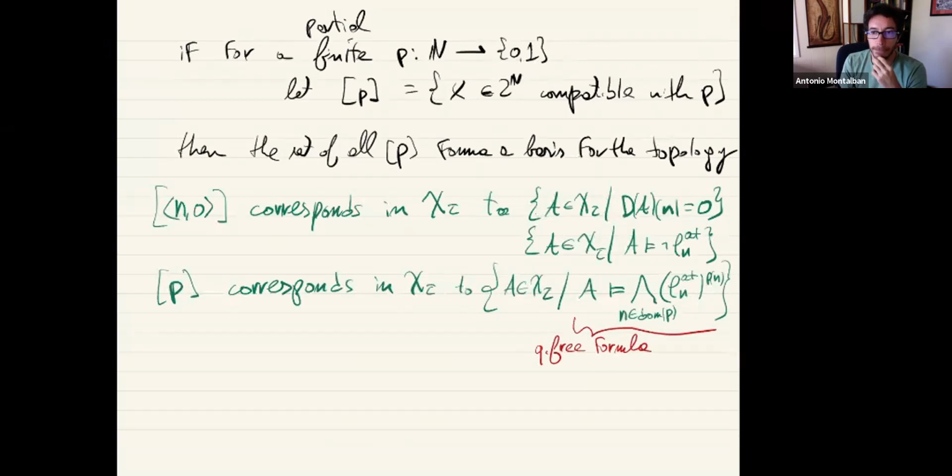So what are the open sets? The open sets in the space of structures are unions of these guys.